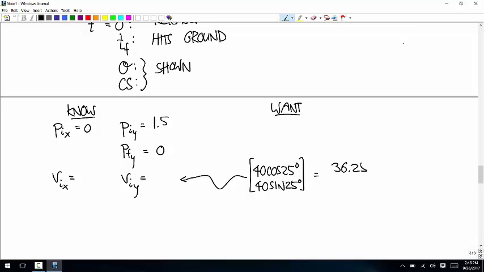Okay. 16.92, and these are in meters per second. Is that right? Oh, 90. Okay, so the x component of the velocity at that instant is 36.25. The y component is 16.90.